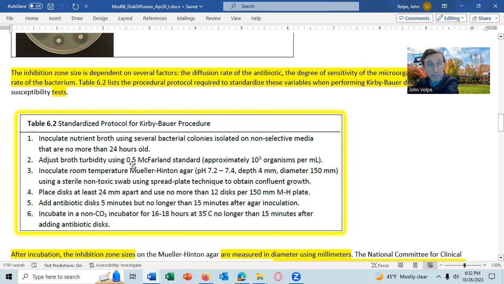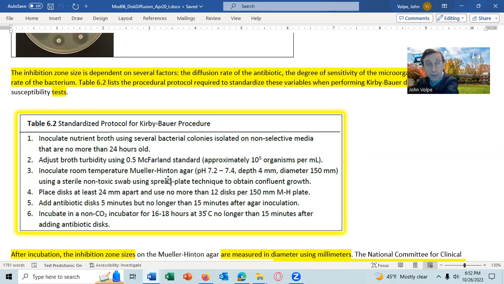If you use higher density bacteria, you will get a smaller zone of inhibition. And then you inoculate at room temperature, always a Mueller-Hinton agar plate. Different media can affect the size of the zone of inhibition.